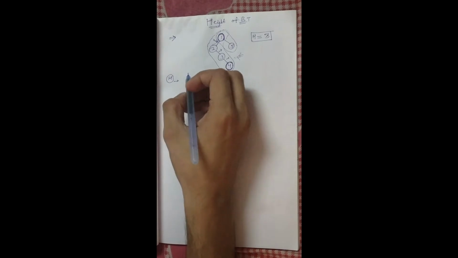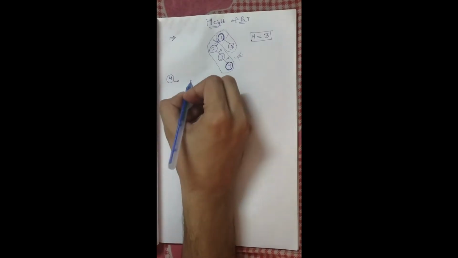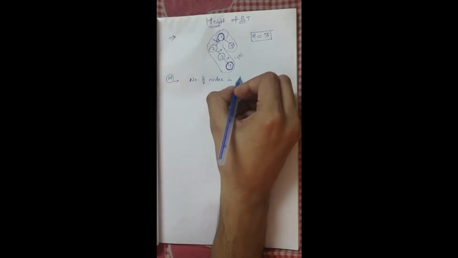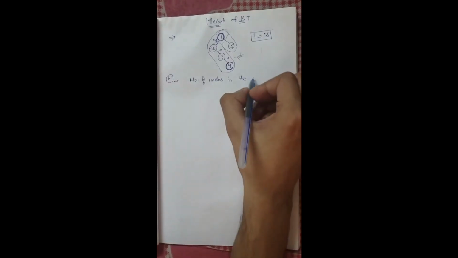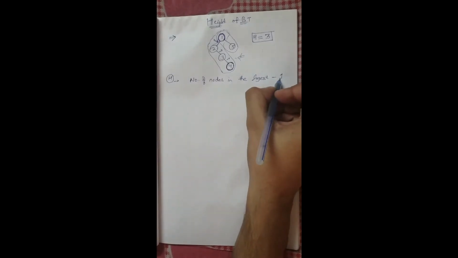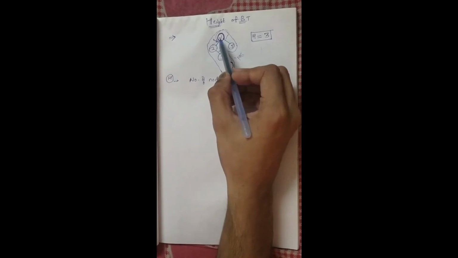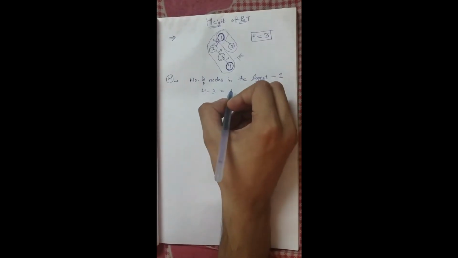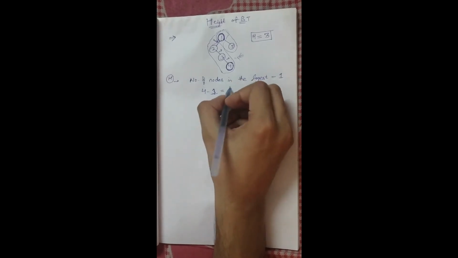So what I have to do is count the number of nodes in the longest branch, minus 1 would give me the height of this tree. As you can see, there are 1 2 3 4, 4 nodes. 4 minus 1 equals 3, which is the height of my binary tree.